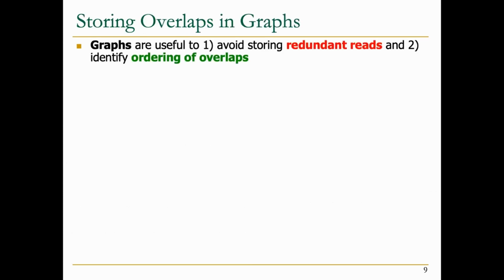For that, we use a graph data structure to store the overlaps. We call that data structure an overlap graph. We use graphs because they are useful for two reasons. First, to avoid storing redundant reads.